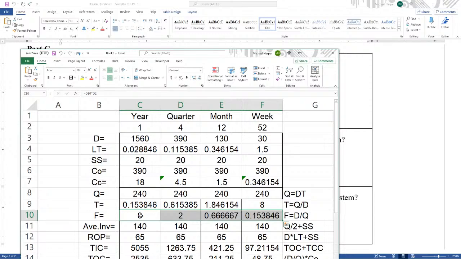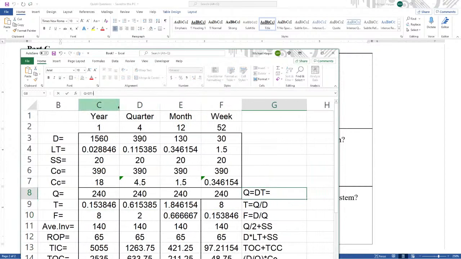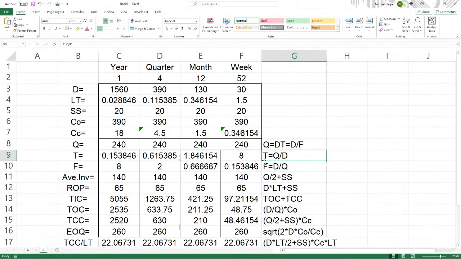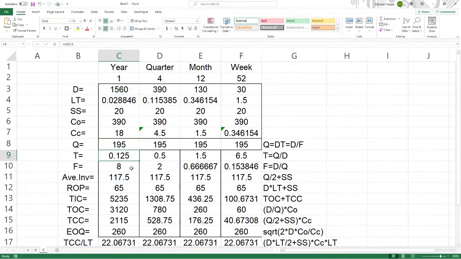Okay. And then our Q, Q equals D over F. So we're getting there. Now our Q is D over F, which is equal to our demand divided by our frequency. And there it is, 195.